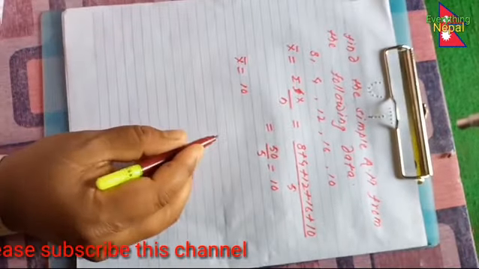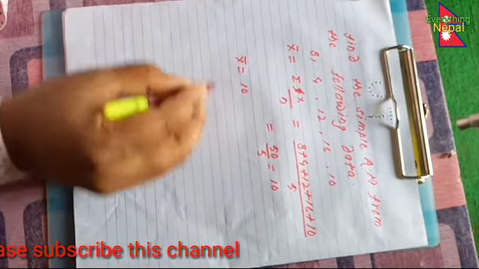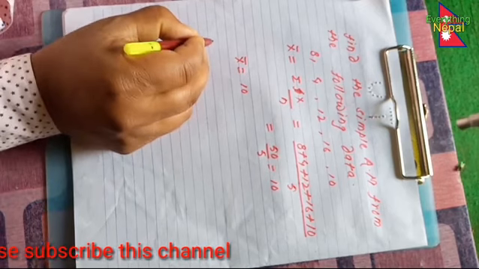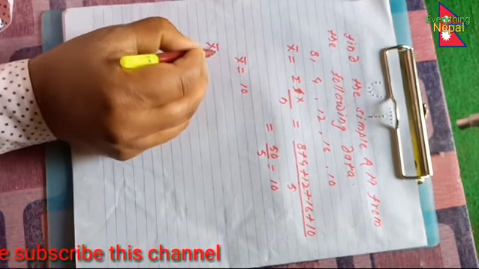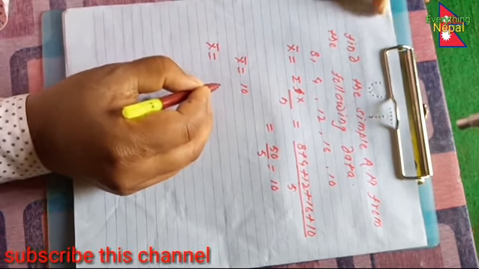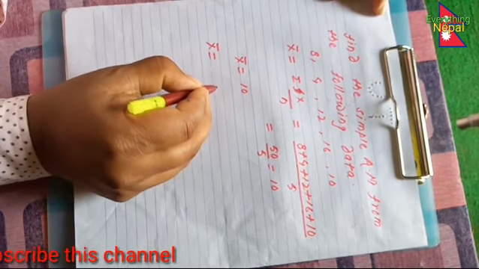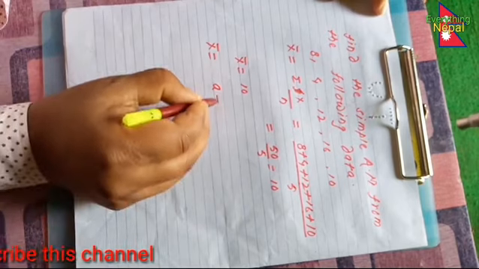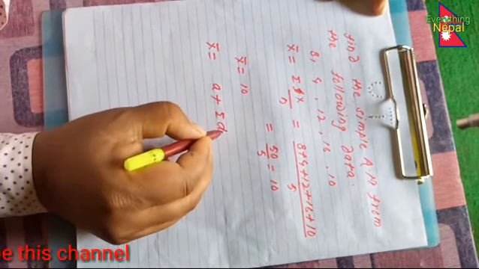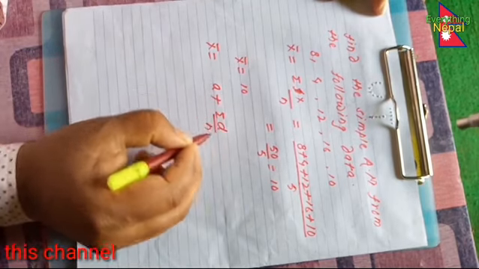Similarly, by the shortcut method we can get the arithmetic mean. As you know, the formula for the shortcut method is a plus summation d by n.